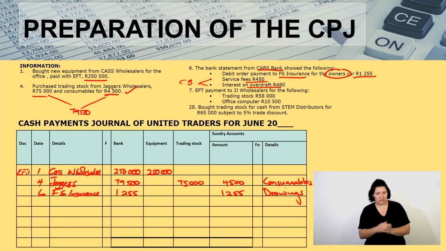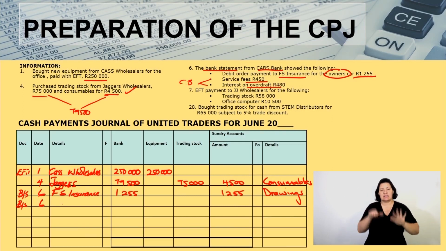So what we are going to do, we're going to come here. Remember, it is on the 6th, and this is coming from the bank statement. So our document here, remember, it's going to be the bank statement. Same as here, it's going to be the bank statement. So the date is still the 6th. And whom are we paying? It is Cabs Bank.